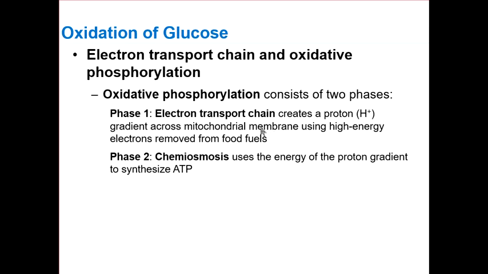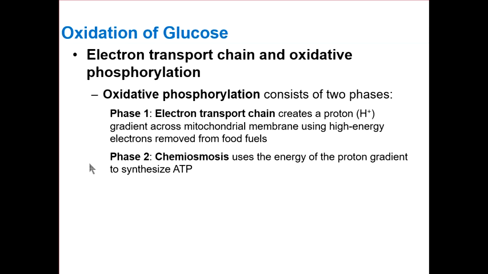That gradient across the mitochondrial membrane is created by using high energy electrons removed from our food fuels. You'll see where these high energy electrons came from, because those were our coenzymes that we reduced in the previous video.